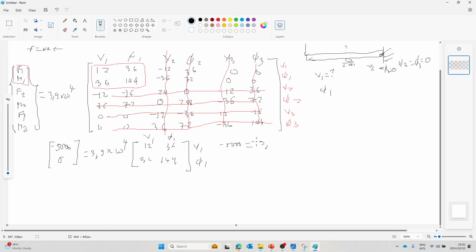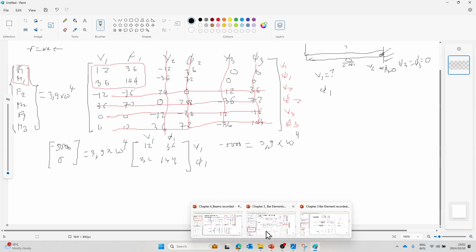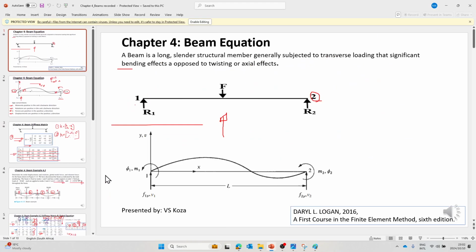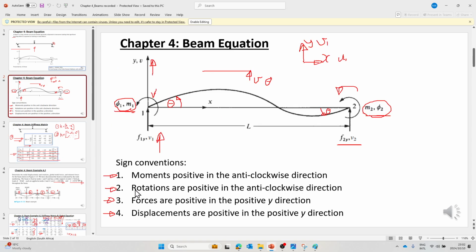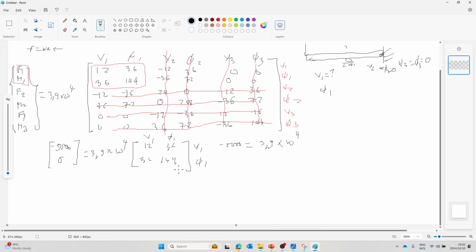So here we're going to have 3.9 times 10 to the 4. I think there is even a comment about it in your notes that says in the beginning they said positive forces are in the anti-clockwise direction, positive going up. That's what it means.